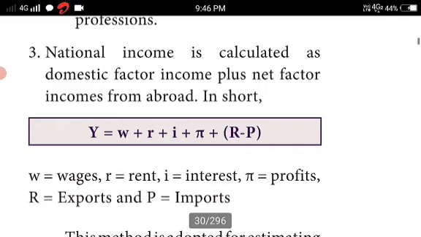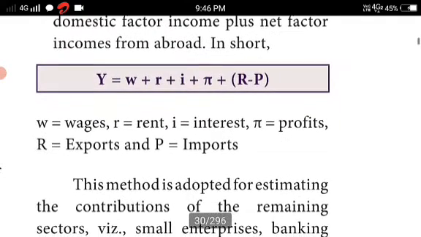So the national income is calculated as domestic factor income plus net factor income from abroad. In short, Y equals W plus R plus I plus pi plus R minus P, where Y means national income. We know that W means wages, R means rent, I means interest, pi means profits, R exports and P imports.